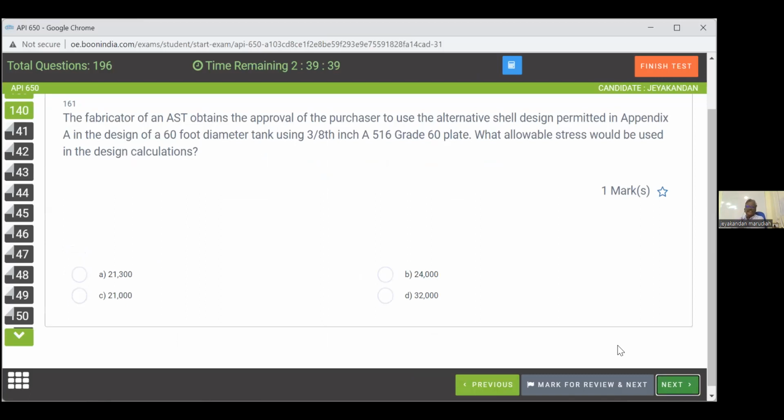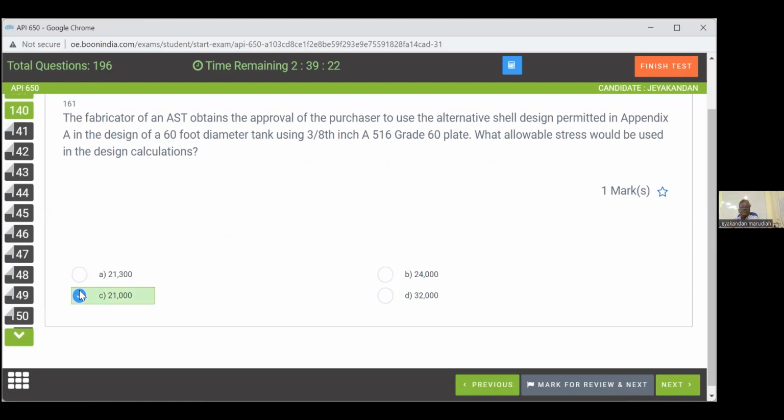Appendix A, in the design of a 62 diameter by 8 inches tank, A516 grade 60. See, if you are using Appendix A, I told you the stress is fixed. What is the stress we will use? 21,000. Appendix A says so.